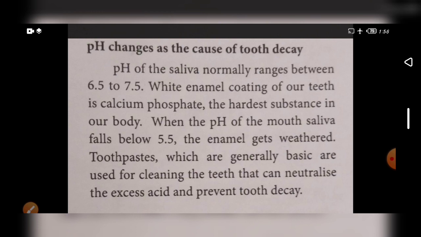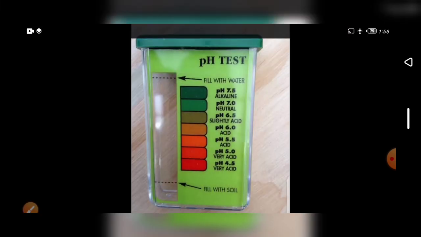Soil, you know very well, we test the soil to find in which soil which plant can grow very well. Why are we taking the pH test for the soil? Whether the soil contains more acidic substances or more alkaline substances, we can identify which plant will grow very well in that soil by using the pH test.